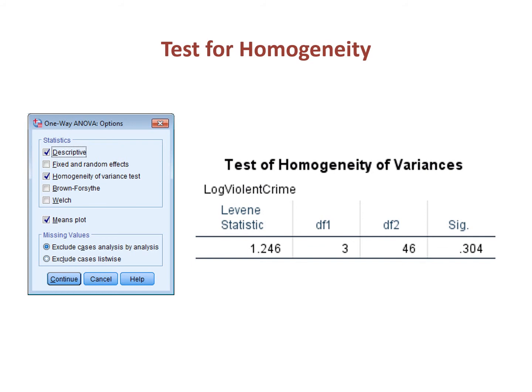The null hypothesis is that the variances are the same, and homogeneity is absent only if the p-value of the significance of the test is less than 0.05. In this example, the p-value is 0.304, so homogeneity is present. Many statisticians do not like this test because it is not clear what to do if homogeneity is not present. But from my standpoint, the test provides a way to learn more about the data.